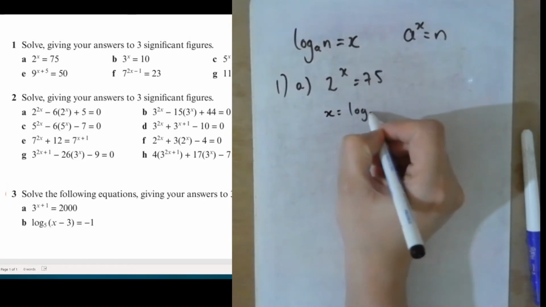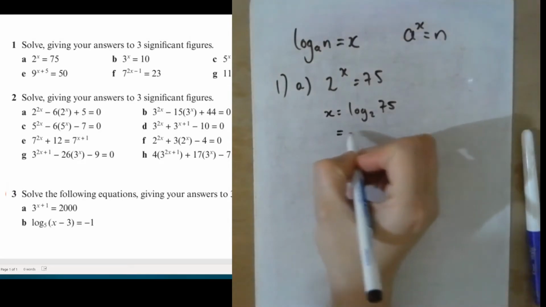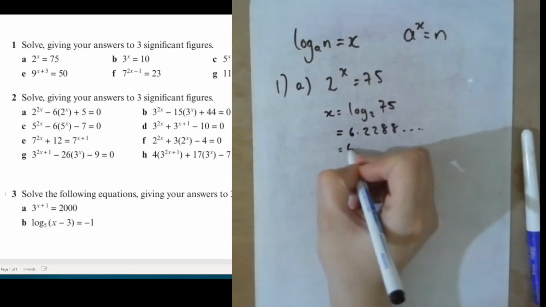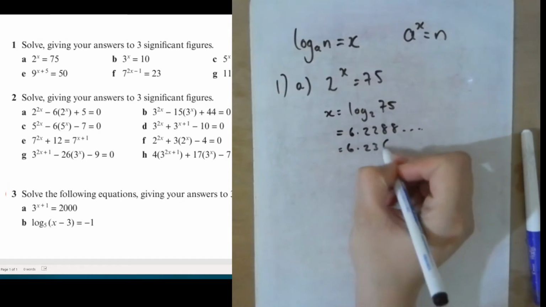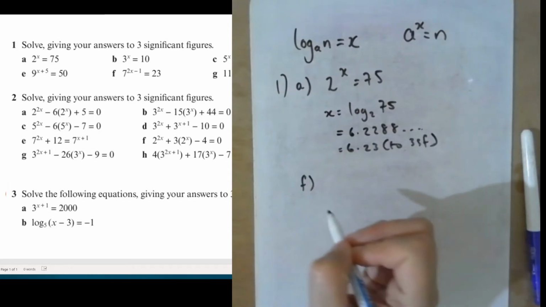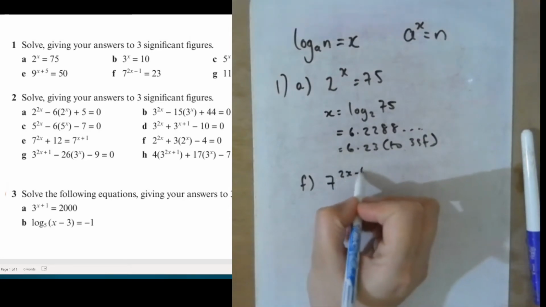So x would be log base 2 of 75, which you can just tap into your wonderful calculator, which is 6.2288 dot dot dot, which is 6.23 to 3 significant figures.